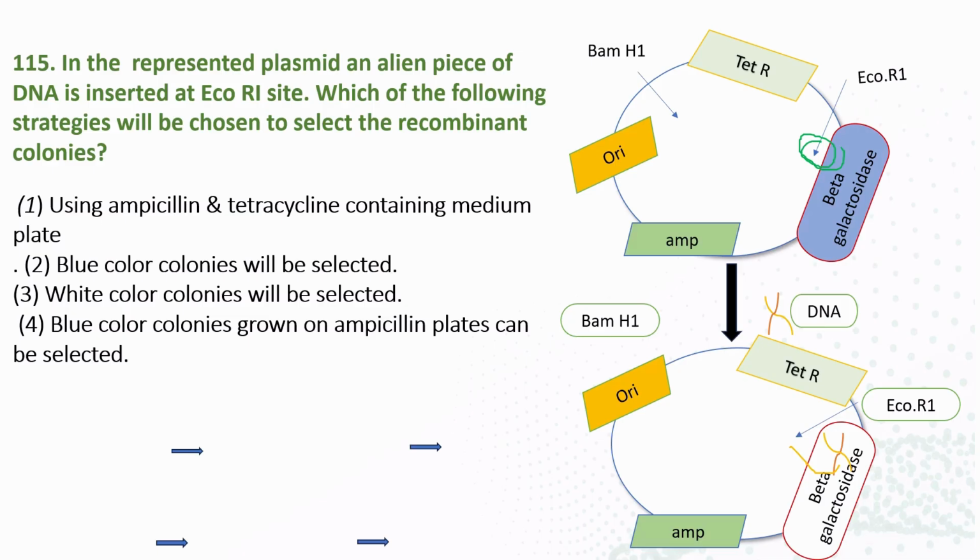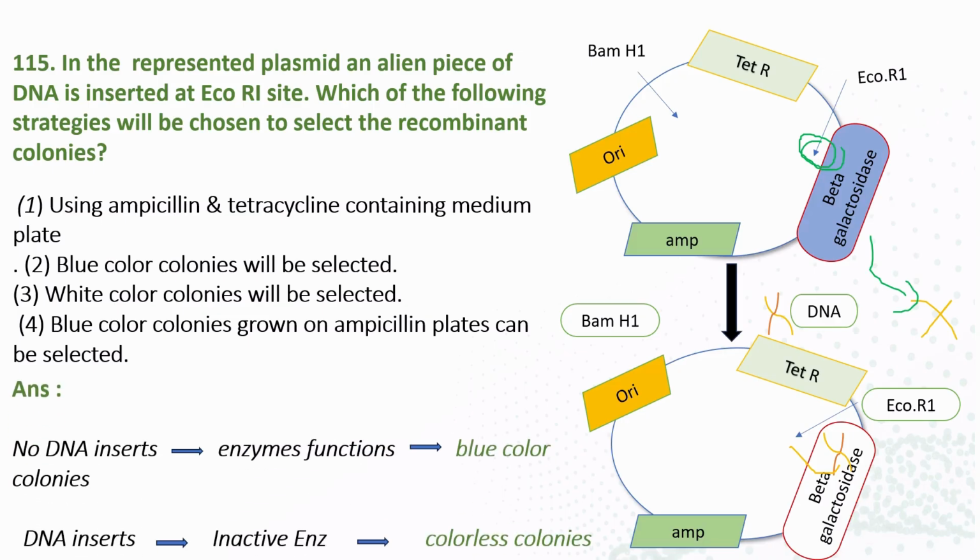Normally, when the DNA is inserted, the beta galactosidase is not active. If the DNA is not inserted, then the beta galactosidase is active and the enzyme functions very well, so you can see the blue color colonies normally.